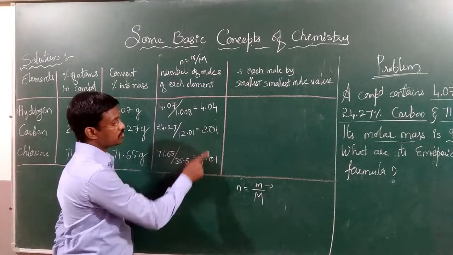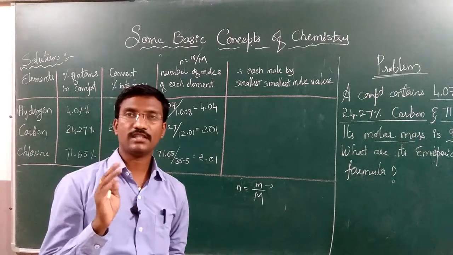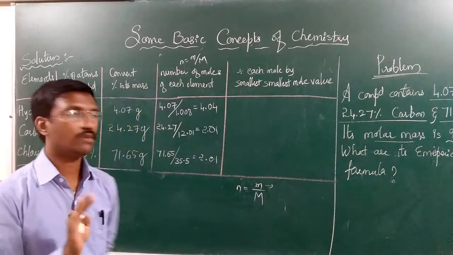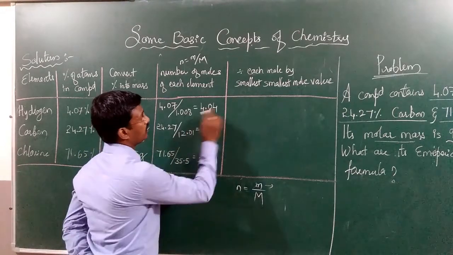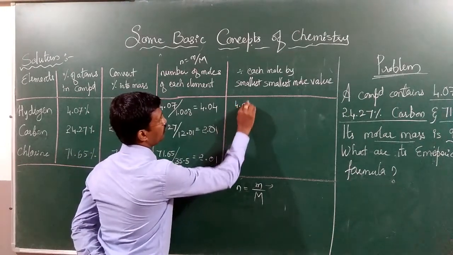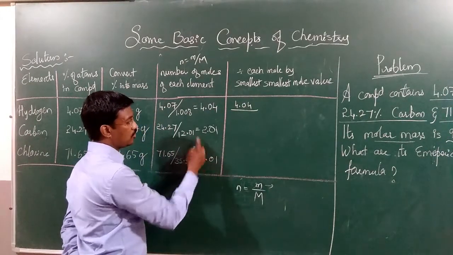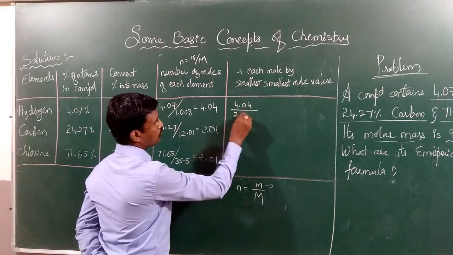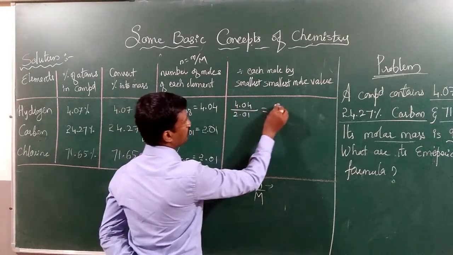This is 4, this is 2, this is 2. These two are having the same number. If any one is having the smaller number, by that number you have to divide all the three. So here 4.04, you have to divide this one by the smallest. These two are the smallest, you can take any one. So divided by 2.01, you are going to get 2 1 2, 2 2 4.